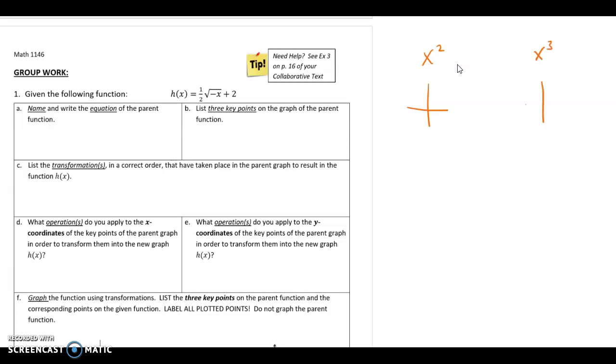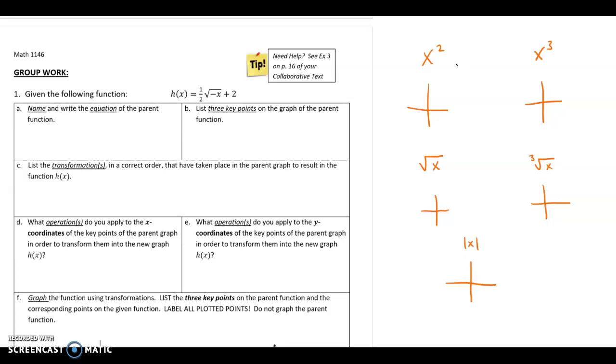We need to know what x squared looks like, what x cubed looks like, what the square root of x looks like, and what the cube root of x looks like. And I think one final one that you're going to be seeing pretty often in this course would be the absolute value of x.